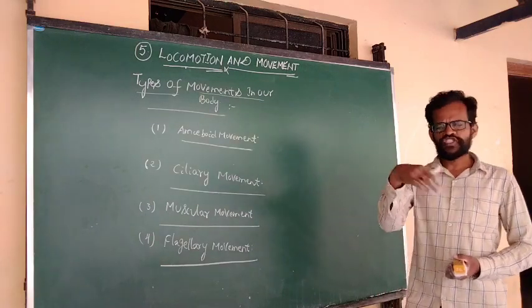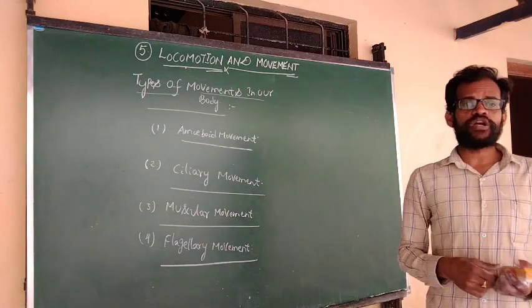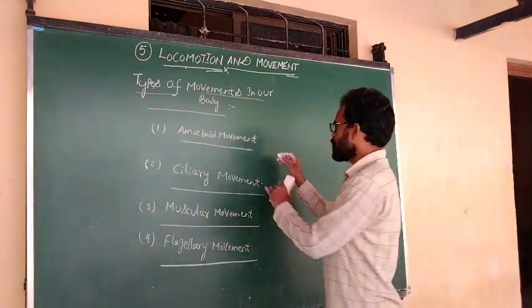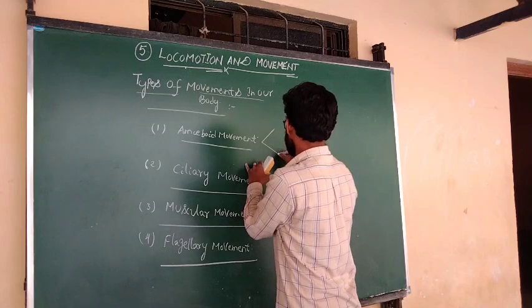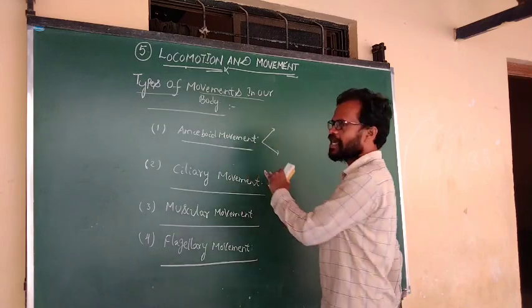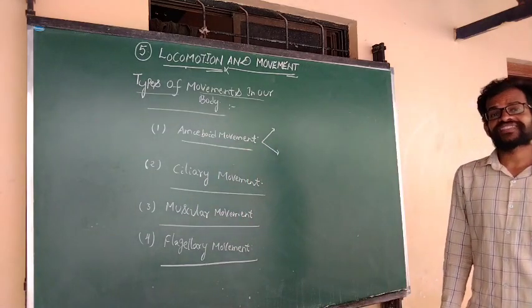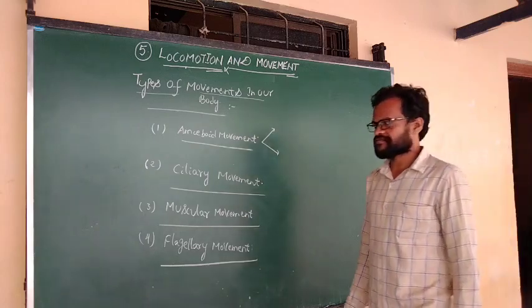Which type of cells will exhibit amoeboid movement? The two important ones are known as macrophages and leukocytes.